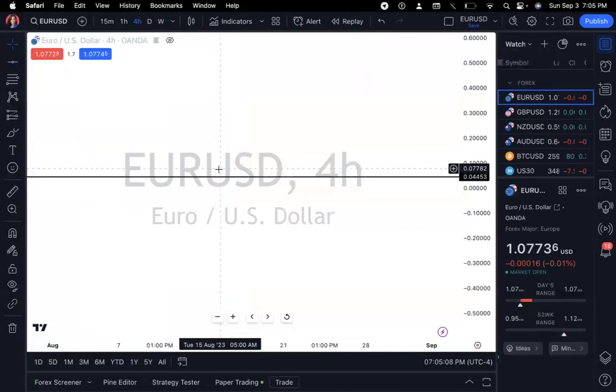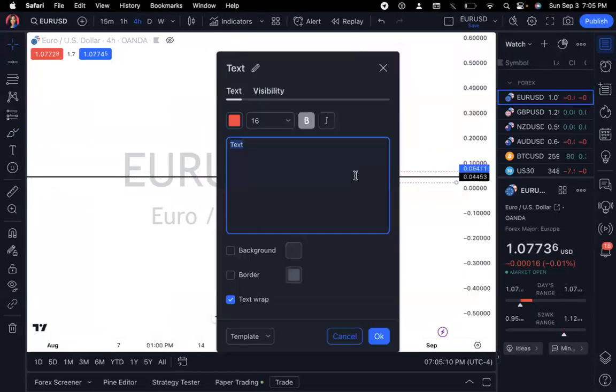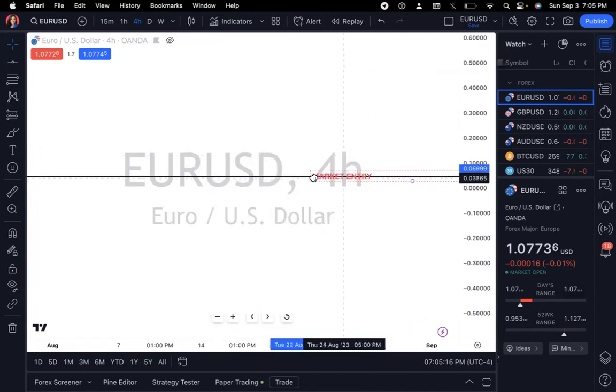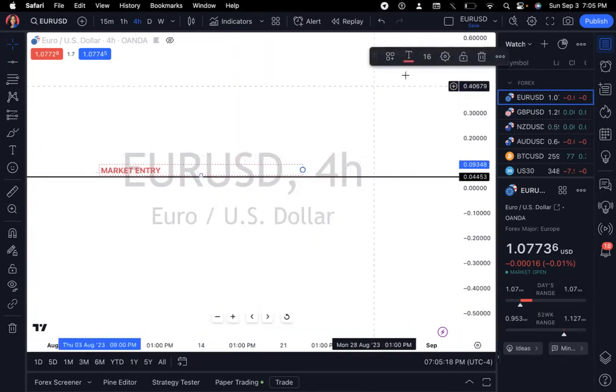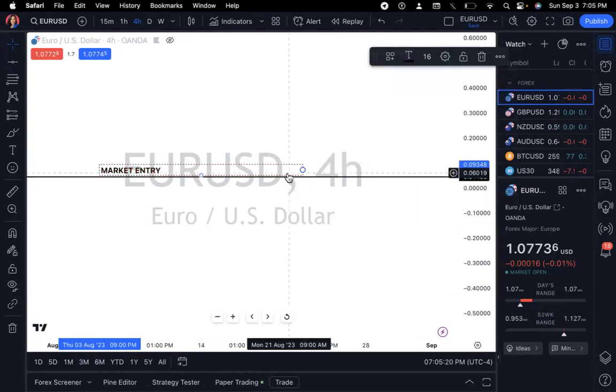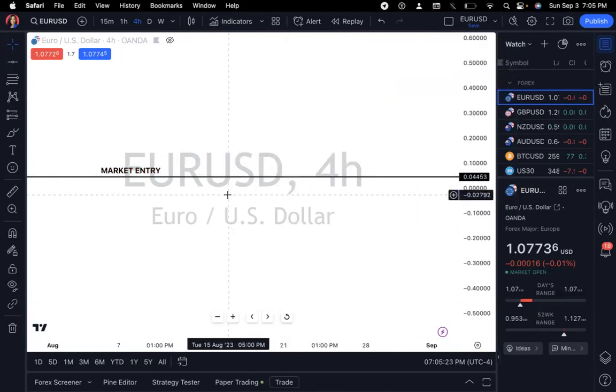This is going to be our market entry right here, and we're going to do a sell example. Let's say we got into the market for a sell, and this was our entry point.